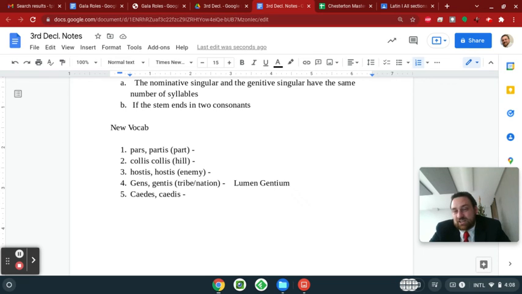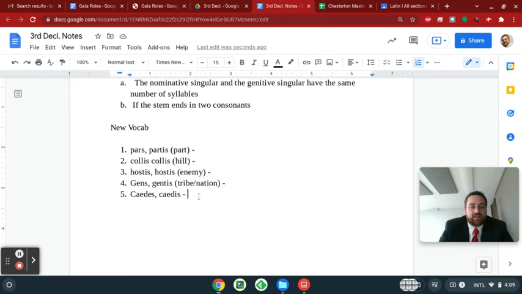In English, we kind of say light to the nations, but technically it means light of the nations because it's a genitive plural, right? So just think, we don't say lumen gentum. So gens gentis obviously is an I stem because it has the ium at the end, not just the um.